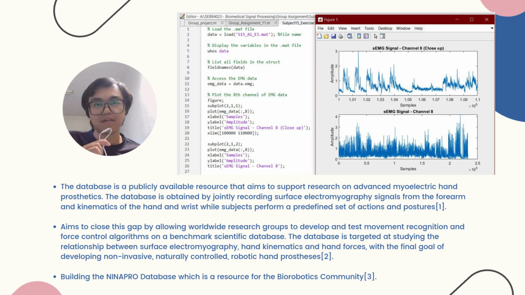The second is to allow research groups to develop and test movement recognition and set the benchmark for scientific databases, especially in sEMG or biological signals. The third is building the Nina Pro database, which is a resource for the biorobotics community.